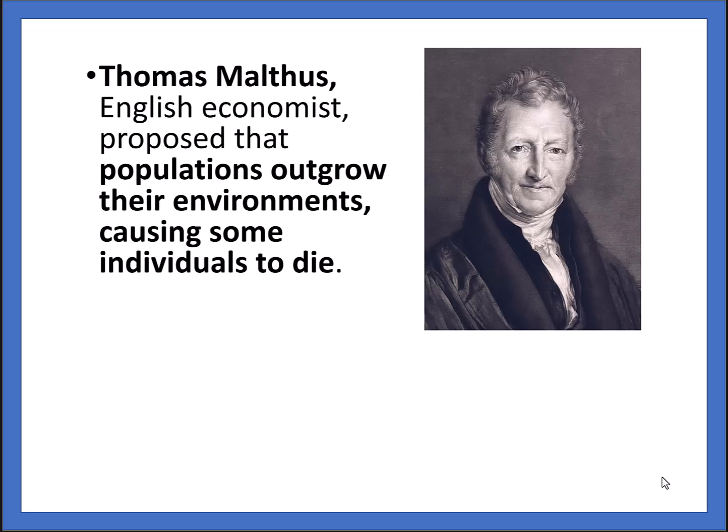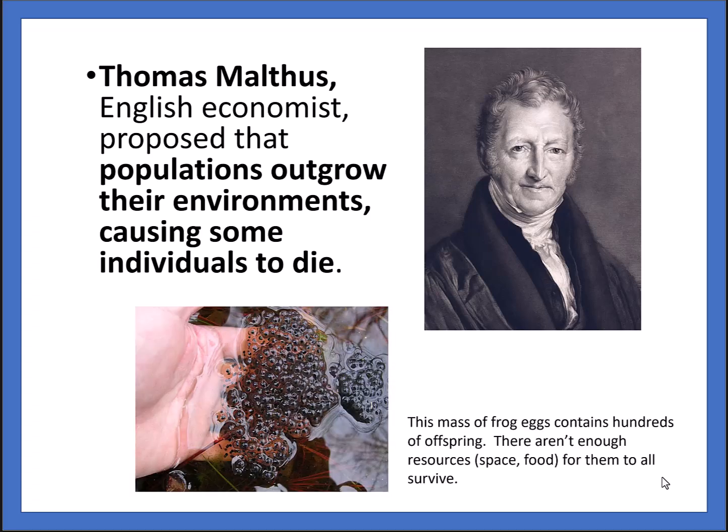Thomas Malthus, for example, was an English economist, and he proposed that populations outgrow their environments, causing some individuals to die. He was specifically talking about humans, but Darwin related this to other living organisms as well.